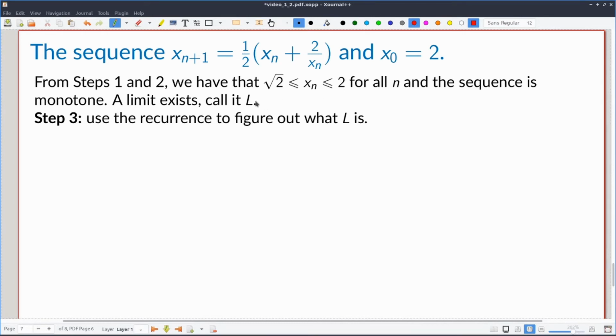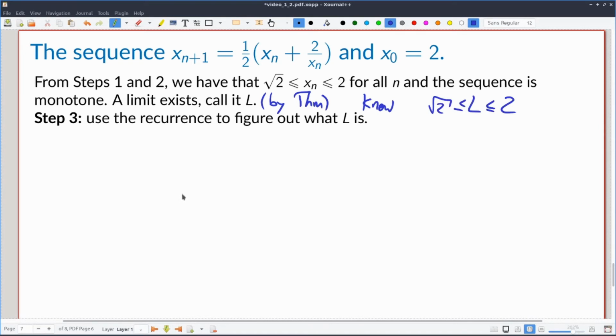So by our theorem, there's a limit that exists, and we're going to call it L, by the theorem. And we know also that the limit is trapped between these 2 quantities.